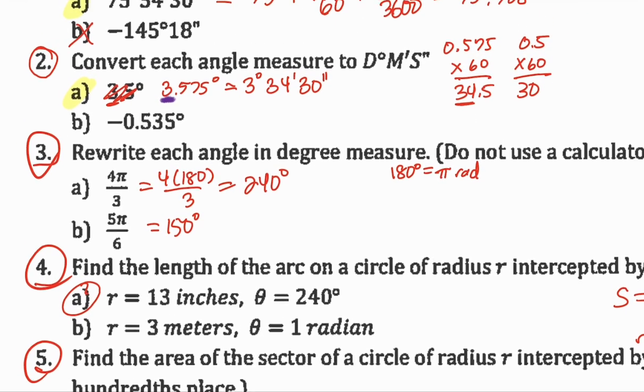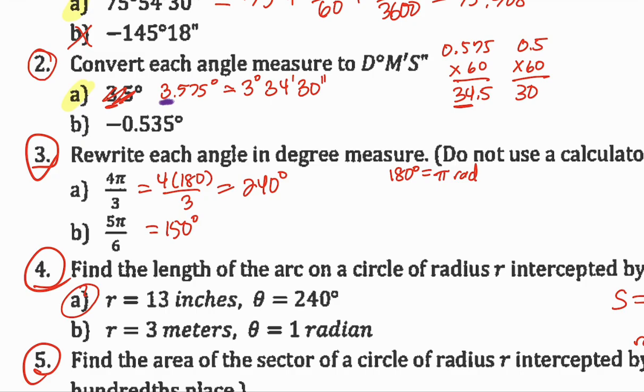They did not have going the opposite way, so let me do that for you. Let's add a little C here. Let's say we want to go from degrees to radians. And let's say we have 100 degrees.